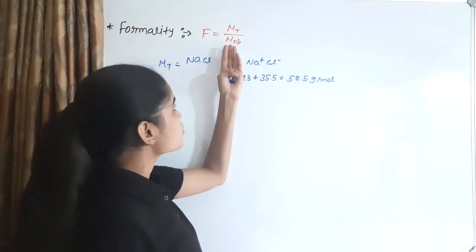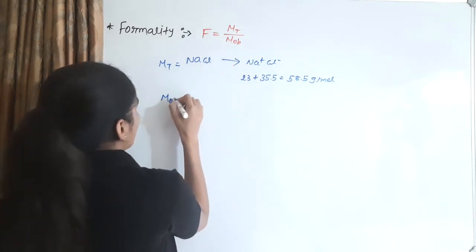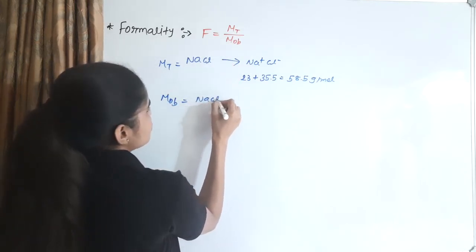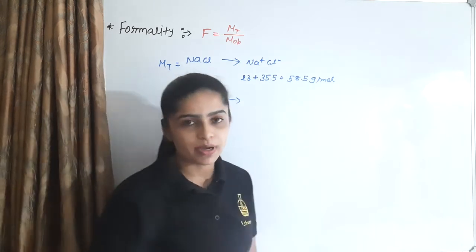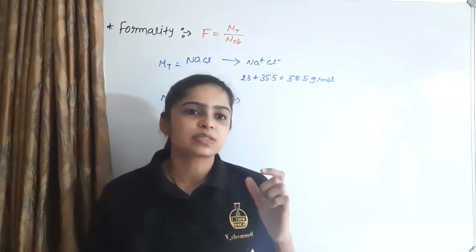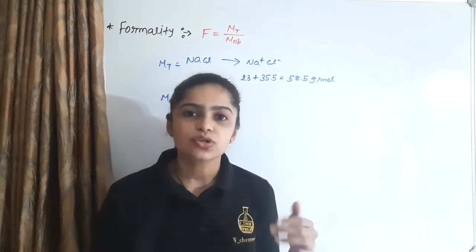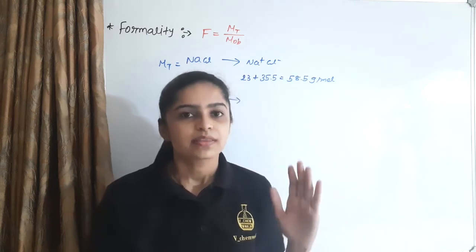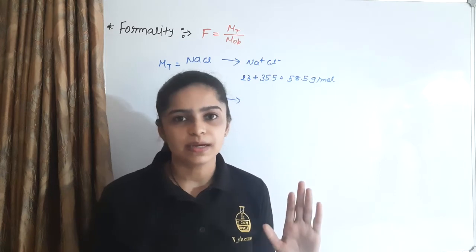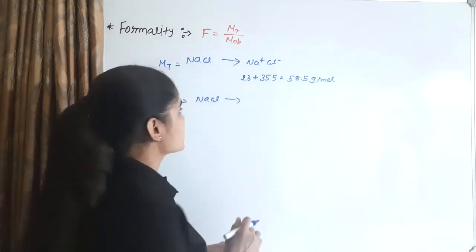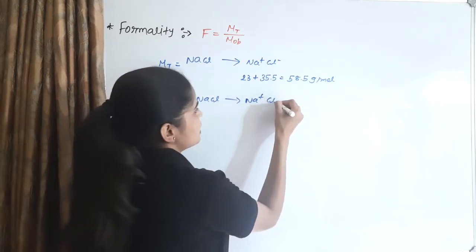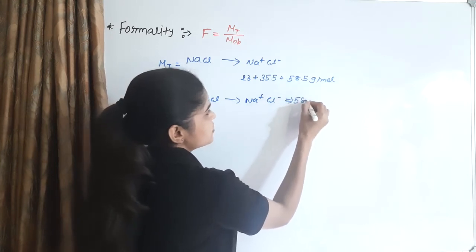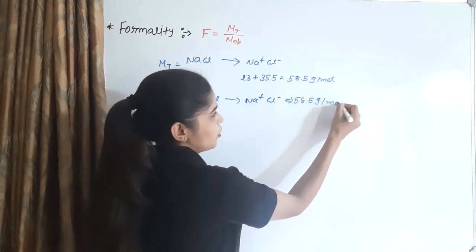But what is the meaning of the observed molecular mass? Observed molecular mass means when NaCl dissociates in water, it is converted into species, that means Na+ and Cl-. This is the same as the Na+ and Cl-, so its weight is 58.5 gram per mole.